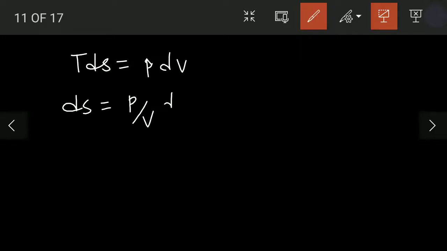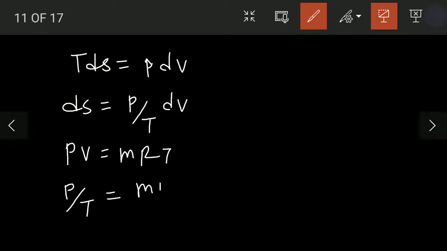Here we have derived TdS is equal to PdV. So dS is equal to P by T dV.